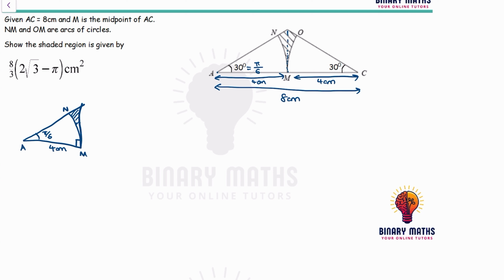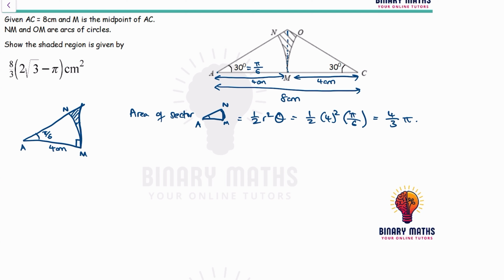First thing I'd work out is the area of sector ANM. So the area of the sector ANM is half r squared theta, which is half times 4 squared times pi over 6, which gives me 8 pi over 6, which is 4 over 3 pi. So that would be the area of the sector.